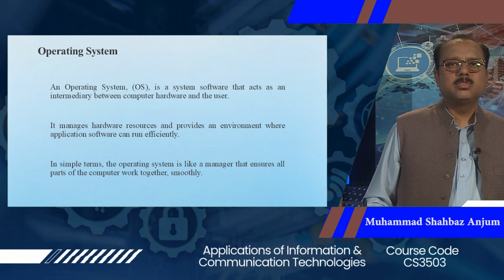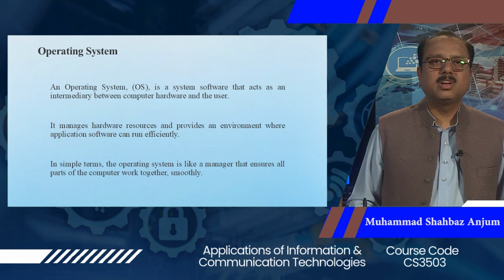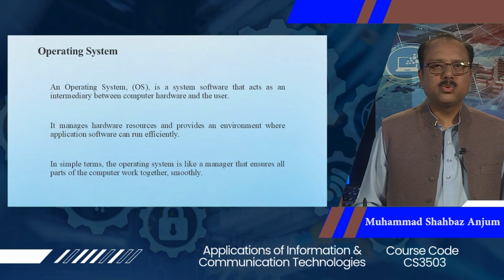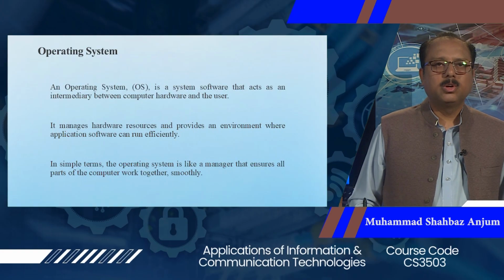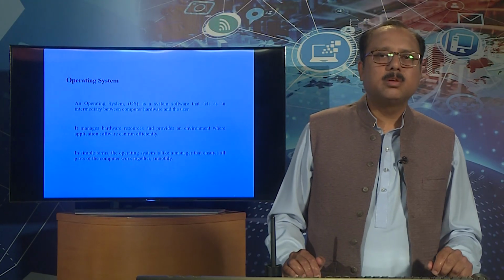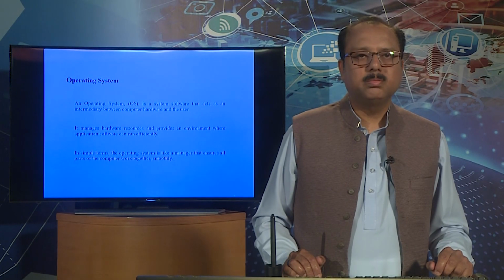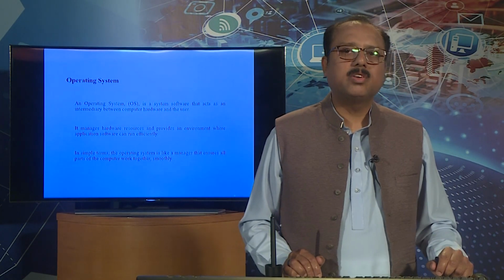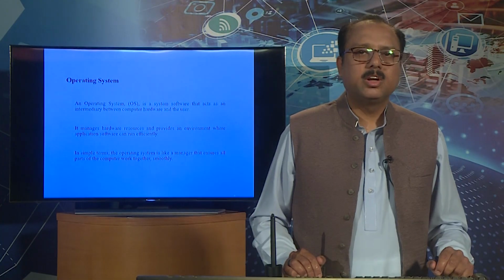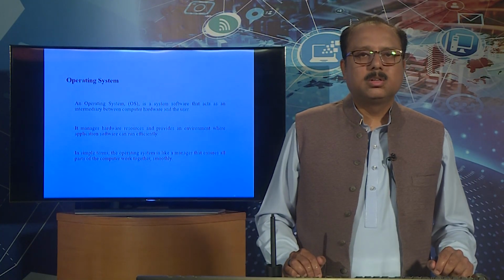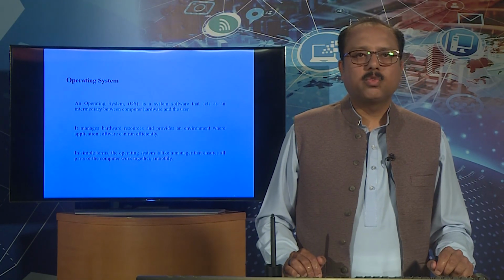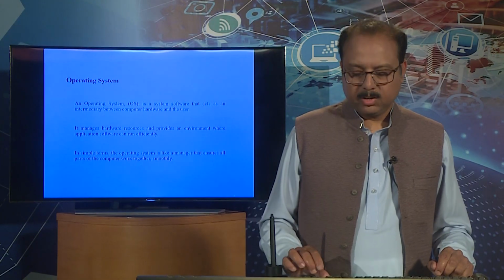In simple terms, the operating system is just like a manager that ensures all parts of the computer work together smoothly. It is the most important and major program that runs on a system, and every system must have an operating system in order to run different programs. The most observable feature of an operating system is its interface.